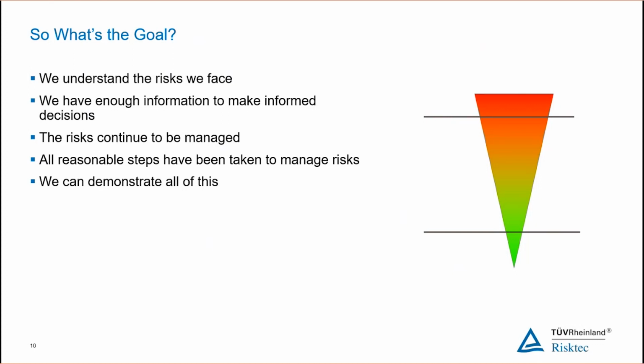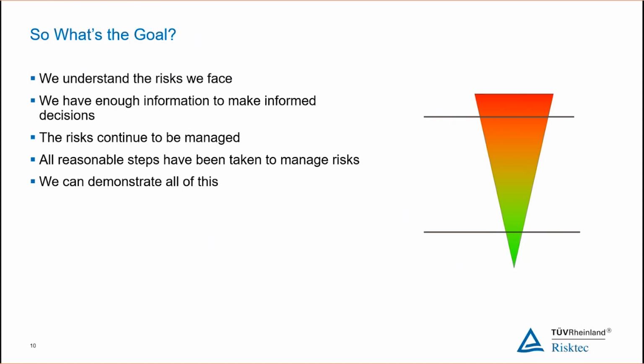Have we done all that is necessary, all the reasonable steps, but also can we look to see if we continuously improve, so long as those things are reasonably practicable at that point. And we also have a requirement to be able to demonstrate all of this, particularly if we're under a legislative requirement. We have to be able to prove to ourselves, so we have to give ourselves assurance that we're managing these risks effectively, but also we have to provide assurance to other interested parties.